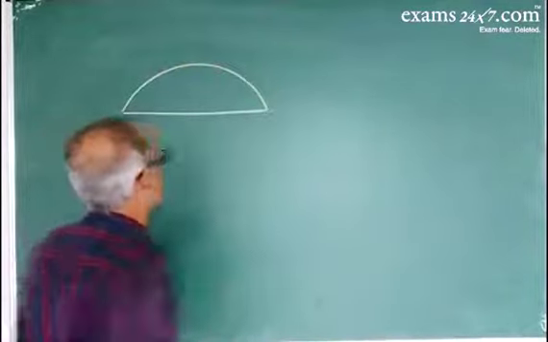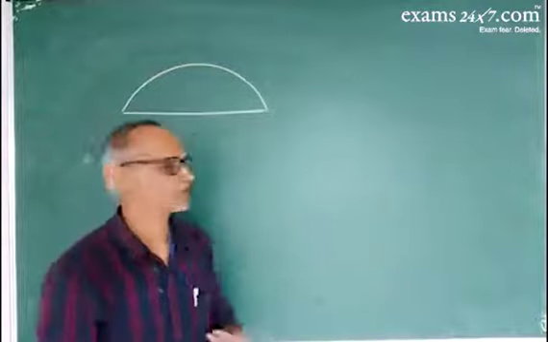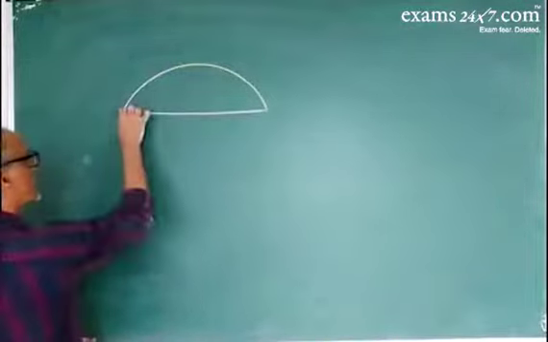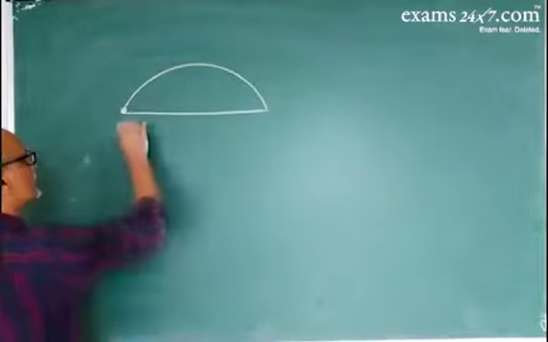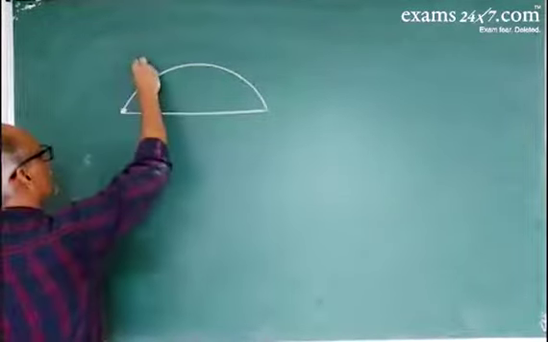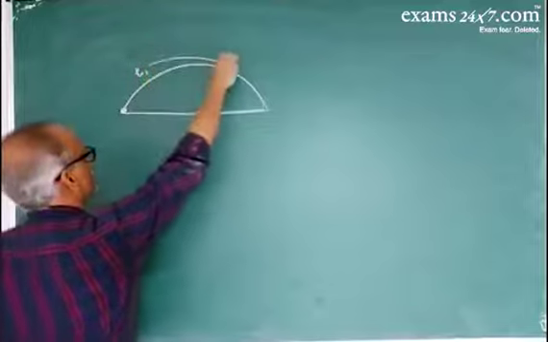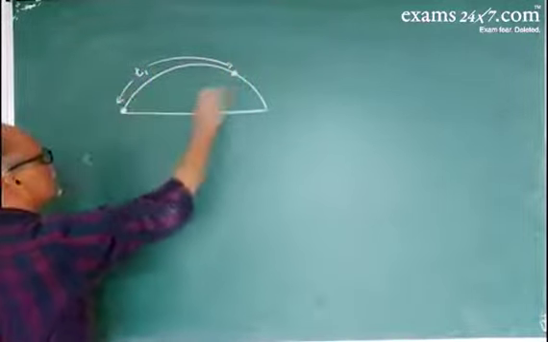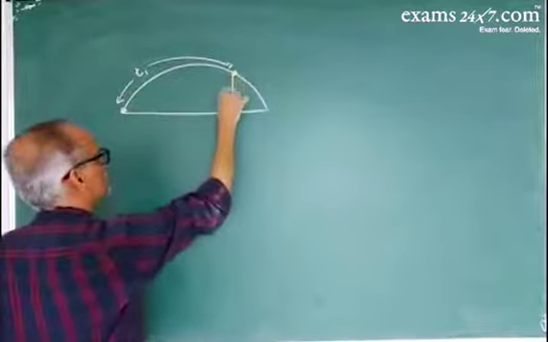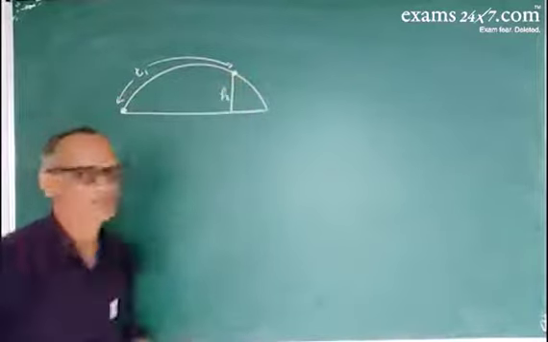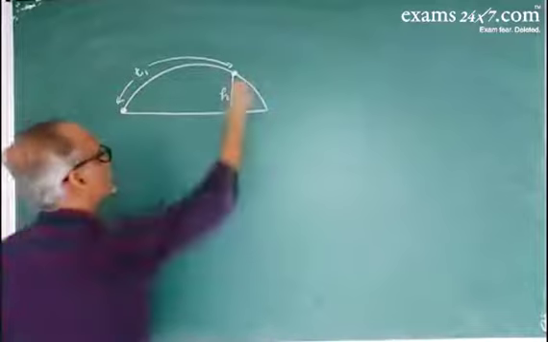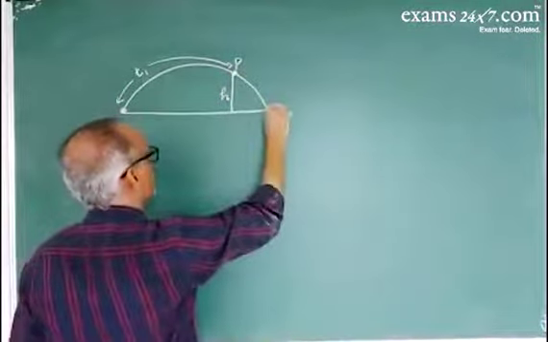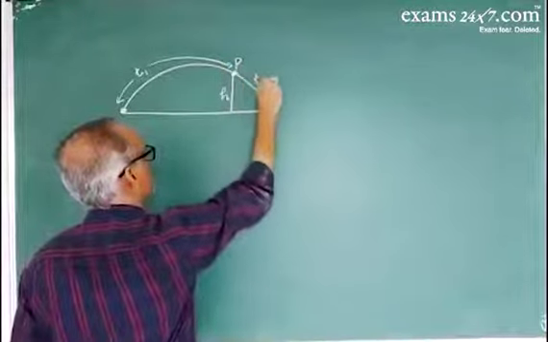So here are two more cases related to the projectile, which are again important. Suppose a projectile is projected and it takes time t1 to reach a point P, which is at a height h, and from that point P further to reach the ground, it takes time t2.